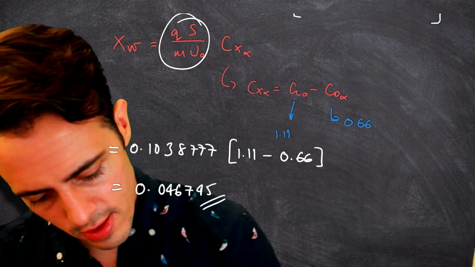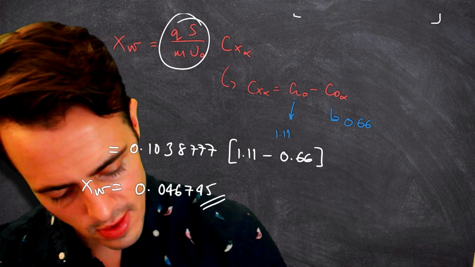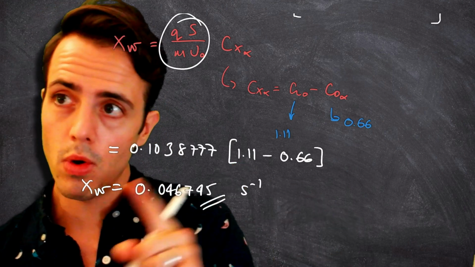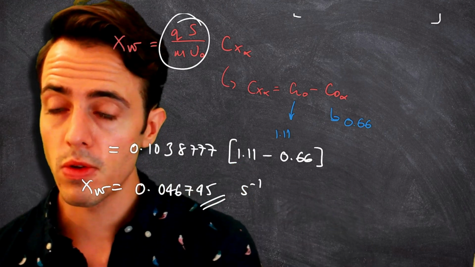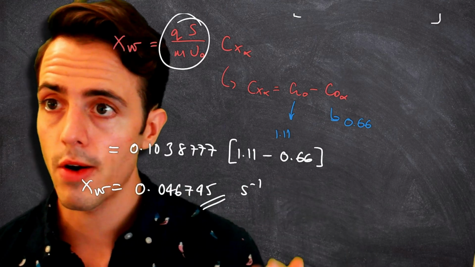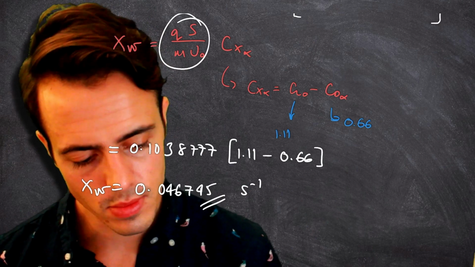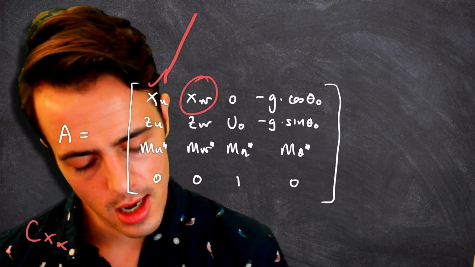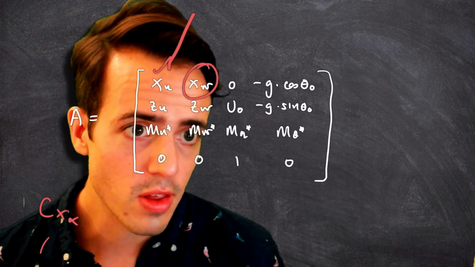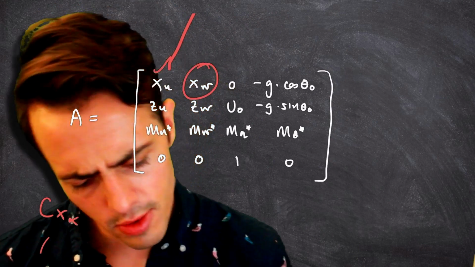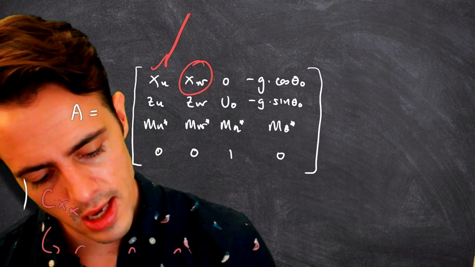That's my XW term, and again this is seconds to the minus 1. So this one wouldn't change no matter what measurement system I'm using, whether US customary or SI. Let me just check, I don't think the others are too difficult to get. Let's do these as well. This one's easy to get.